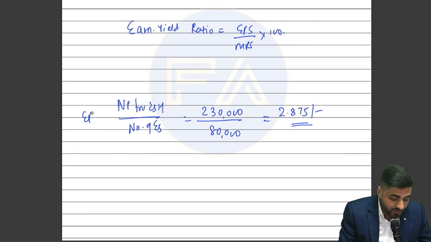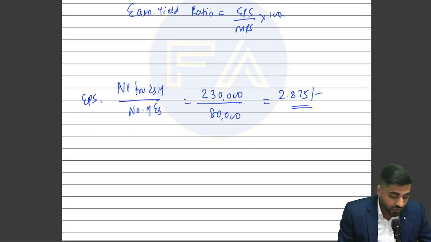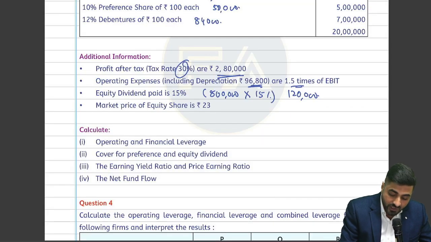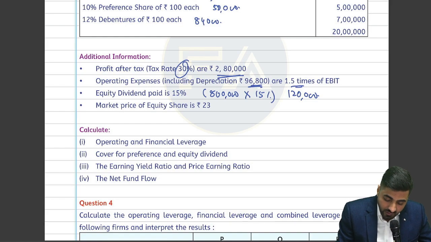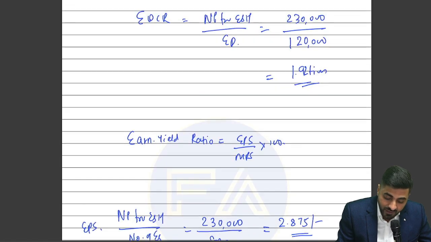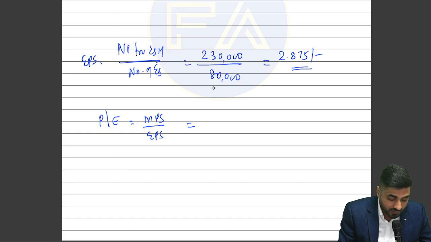Once we have got the EPS, we also calculate your PE ratio. What is your PE? MPS by EPS. Do I have the MPS? How much is that? Do I have my EPS?